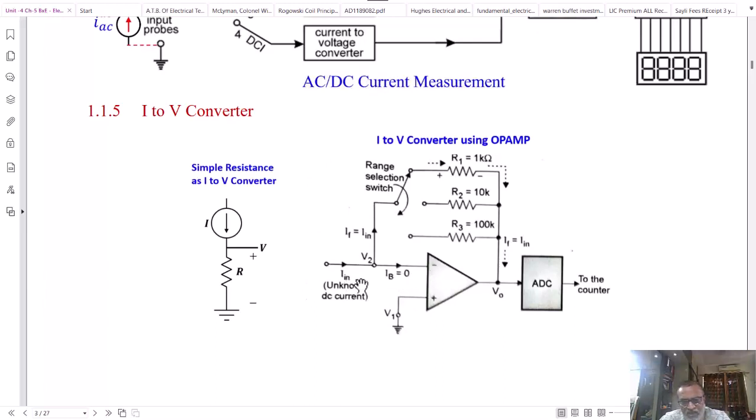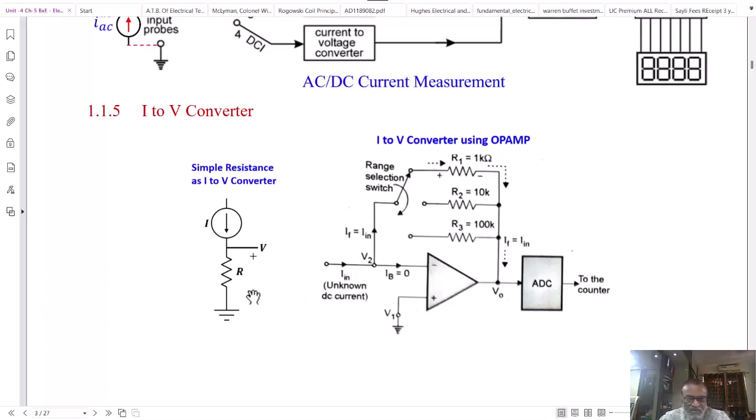So whatever current comes to the inverting terminal will leak through the resistance R1, which produces the voltage drop across R1 that is shown here. And this voltage drop is the same as the output voltage. The resistance R1 is selected such that the current to voltage converter will provide the calibrated output.